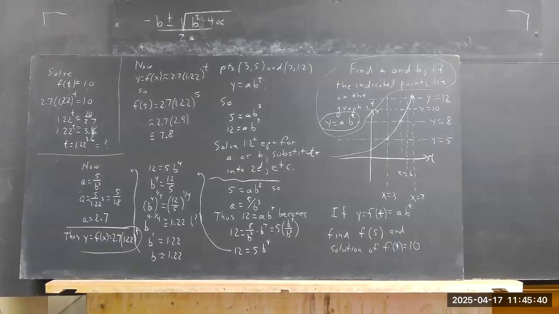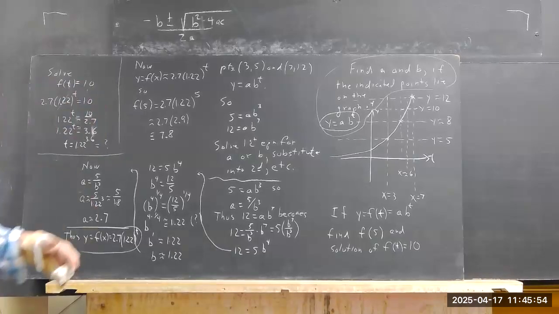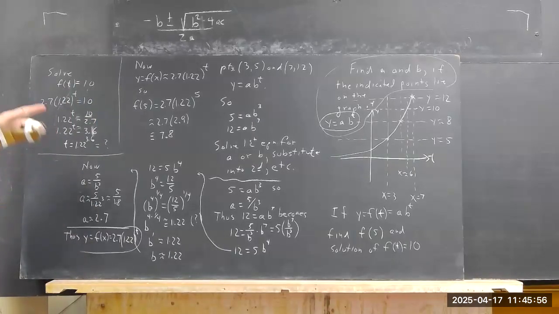Pushing it down correctly means that t equals 10 divided by, and you get 3.6. And that makes a certain amount of sense.